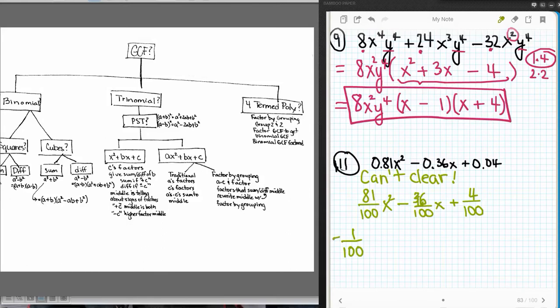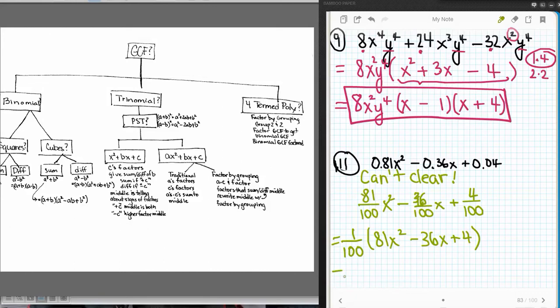Now that would certainly work, in which case you would end up with 81x squared minus 36x plus 4. That would be one way to deal with this. But you see, the 100th didn't just go away. We can't just get rid of it.